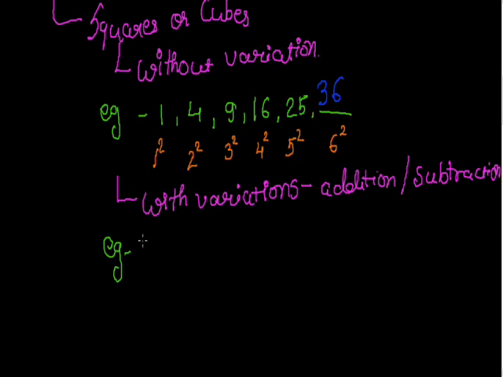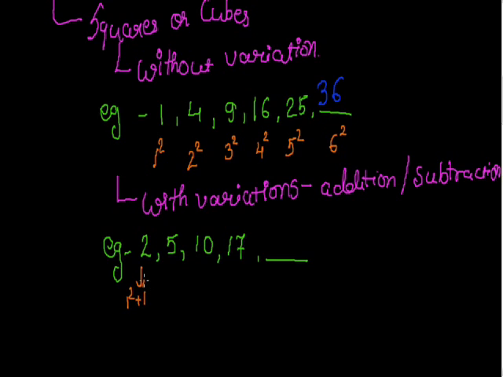A series is 2, 5, 10, 17 and you have to find the next. Now let us analyze each digit of this series. This 2 can be written as square of 1 plus 1.